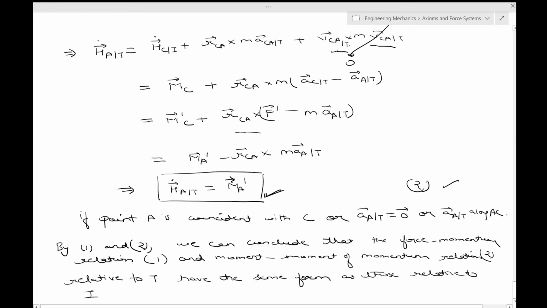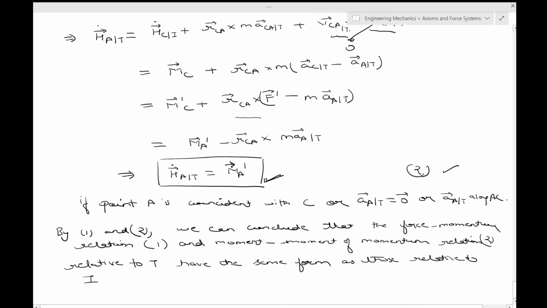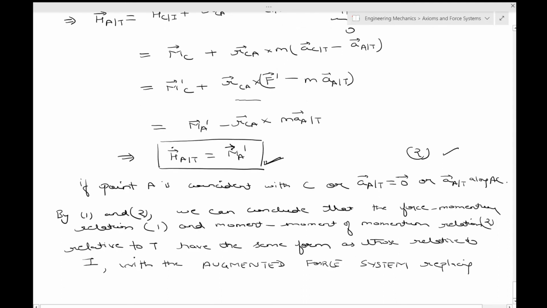Obviously the difference is the augmented force system replacing the external force system.